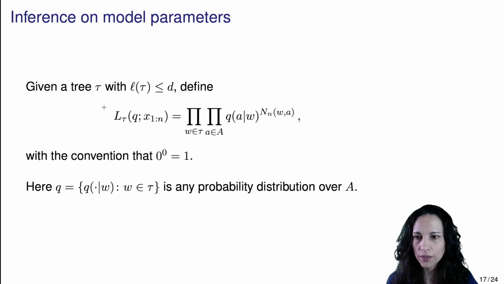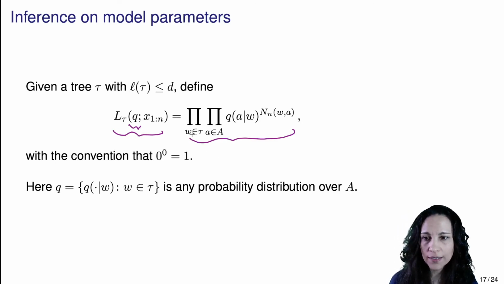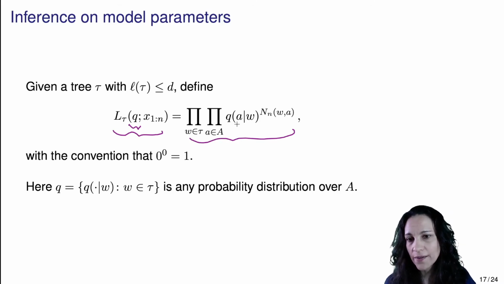So given a tree tau with height of tau smaller or equal to d, we can define the likelihood of the observed sample x_1^n for this tree tau and any set of transition probabilities q as this product here. So here we are doing the product over every sequence w in the tree and every possible symbol a in the alphabet of the transition probability q of a given w to the power of n of wa.